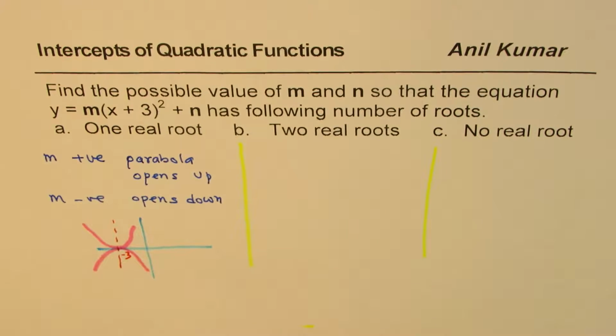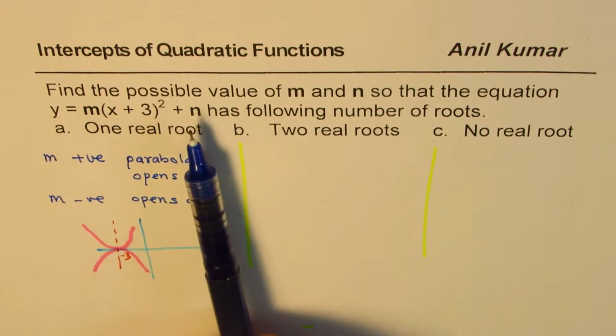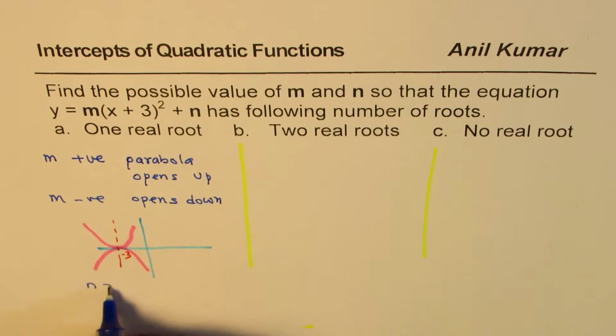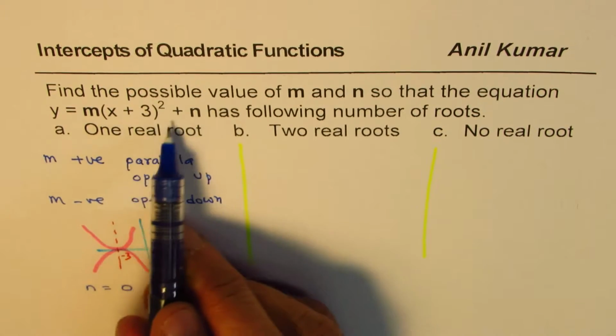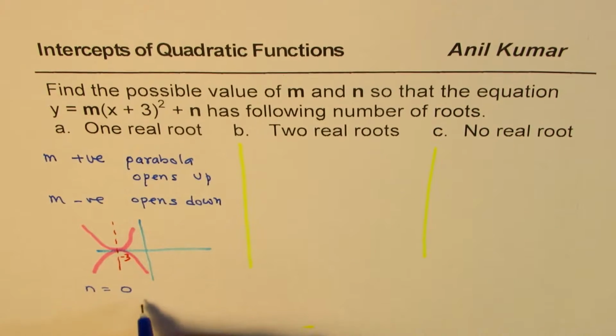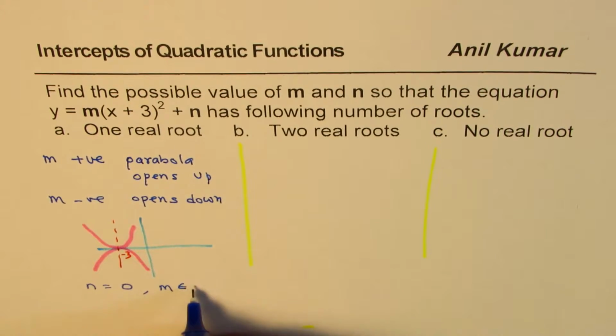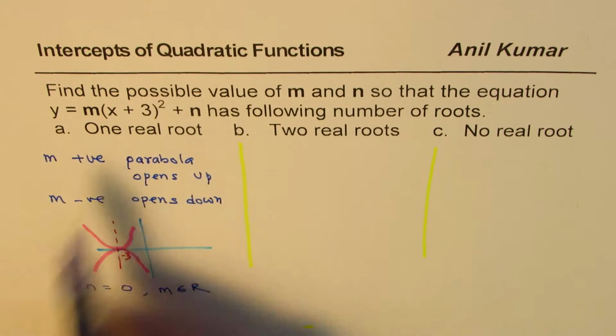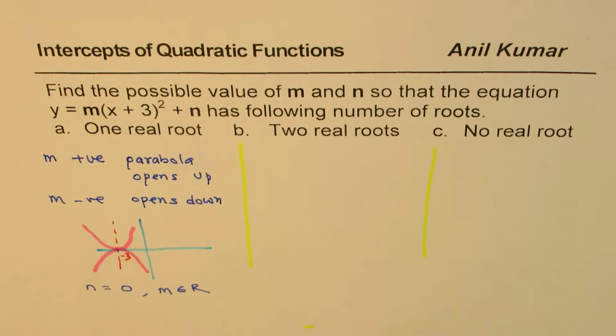That really means that n is 0. So in this case, the answer is n equals 0. n equals 0 will ensure that any parabola will have one real root. So m could be anything, m belongs to the real numbers. But that gives you one single root. You get an idea.